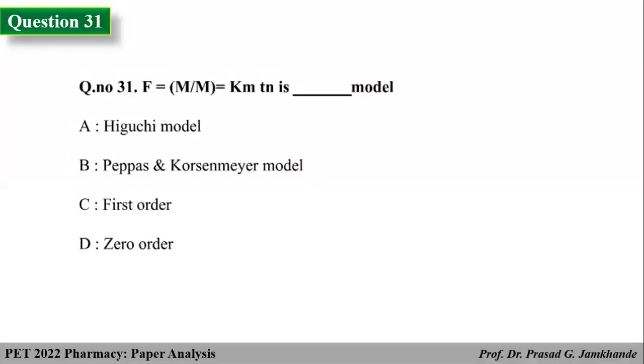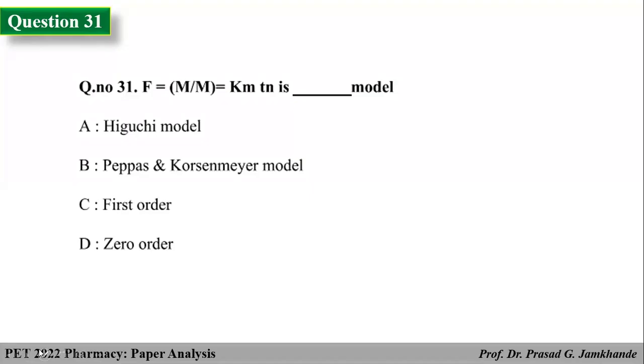Next, question number 31. F is equal to M t by M infinity is equal to K t to the power n. This model represents the Peppas-Korsmeyer model. This Peppas-Korsmeyer model is also called the power law.